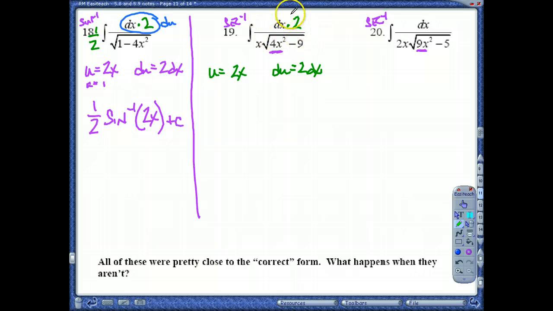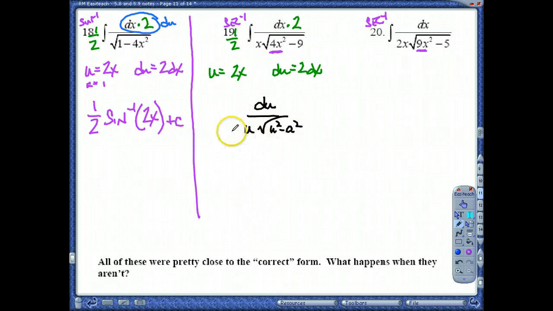I need that for my du. I counteract it with a 1/2, just like I've done before. Well, now remember what your inverse secant looks like. Your inverse secant is supposed to be du over u square root of u squared minus a squared.